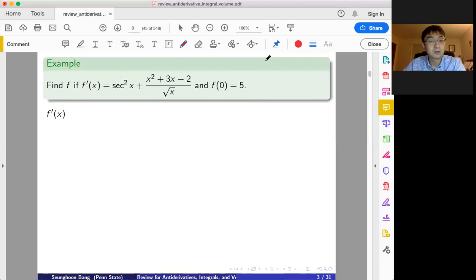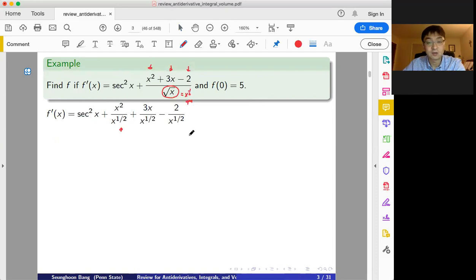So how can you solve it? First, you have to split this one. The first one, secant square of x, stays the same. We can change the square root to x to the 1/2 and split: x squared over x to the 1/2, 3x over x to the 1/2, 2 over x to the 1/2.